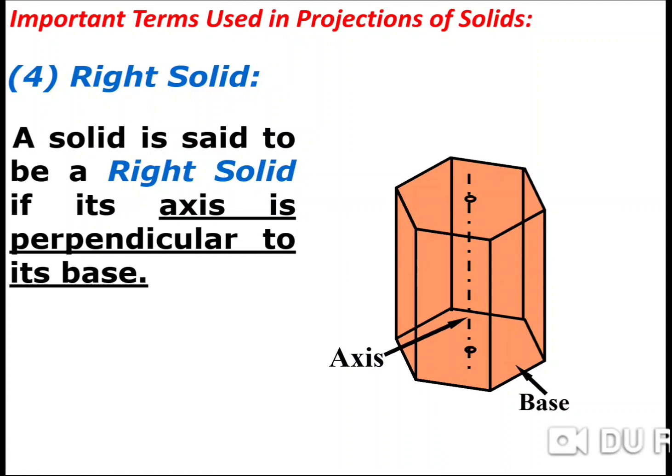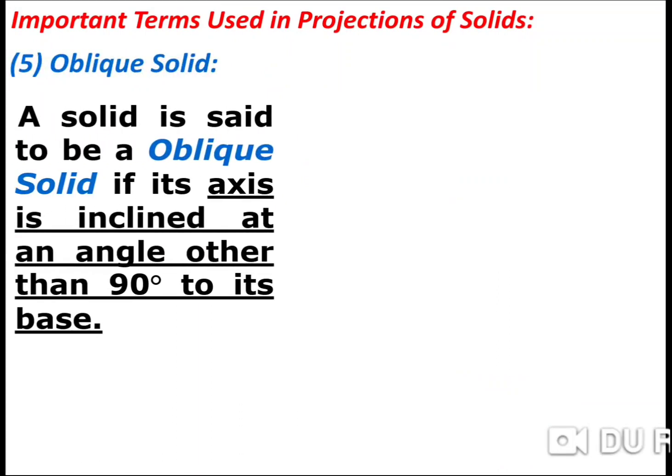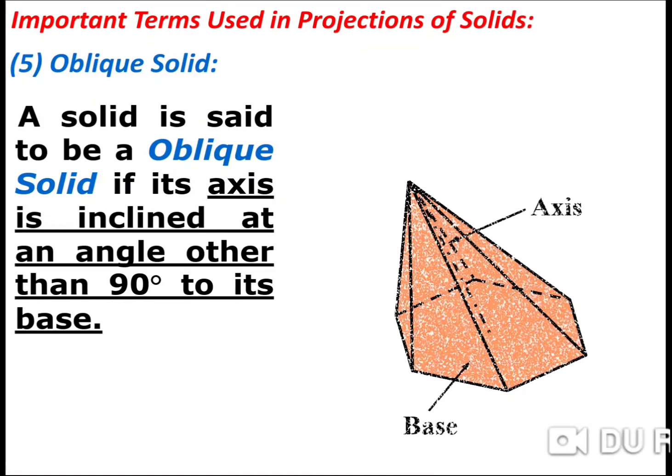This is a very important factor, that the axis is completely perpendicular to the base. Now the oblique solid: a solid is said to be oblique if its axis is inclined at an angle other than 90 degrees to its base. Here the base is flat but its axis is inclined.